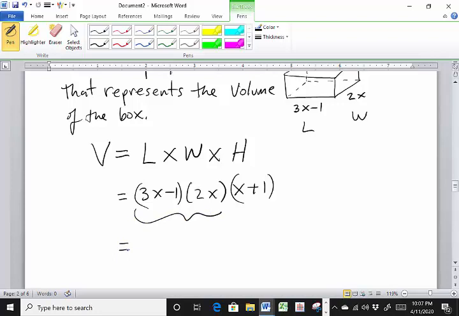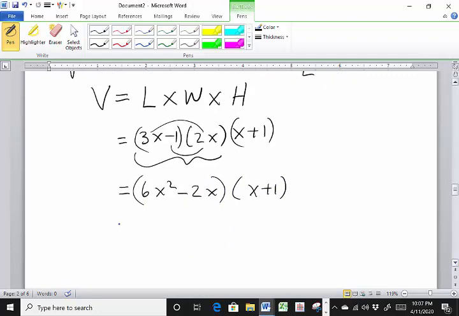All right, so that's going to be 3x times 2x is 6x squared. And then minus 1 times 2x is a minus 2x. So now I still have to multiply by x plus 1. Okay. All right.